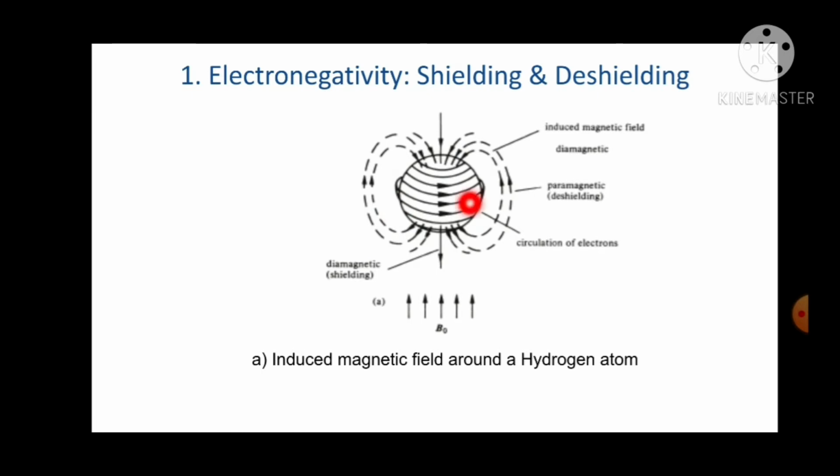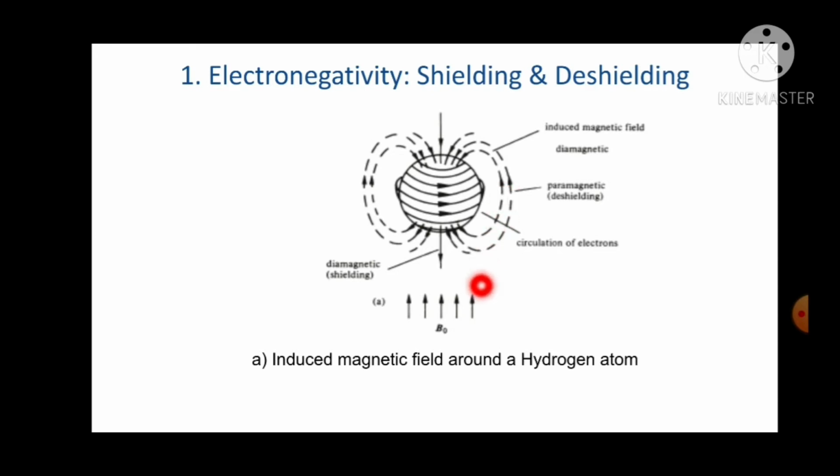This induced magnetic field is moving in this direction on this half, and on the other half it is moving in this fashion. So we can see the direction of the induced magnetic field in this particular zone is aligned with B0, that is, the applied magnetic field.